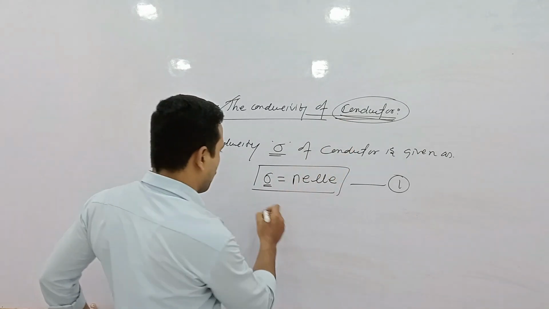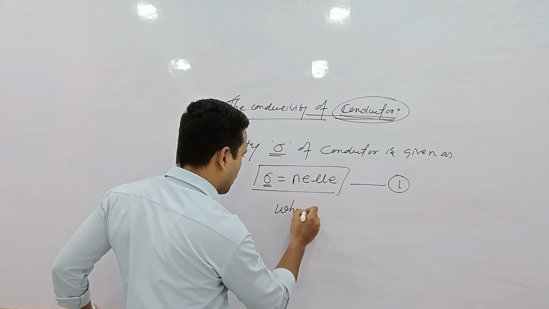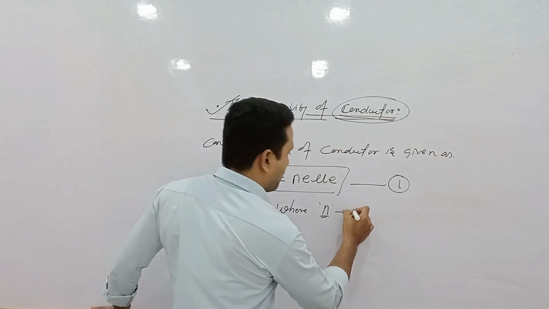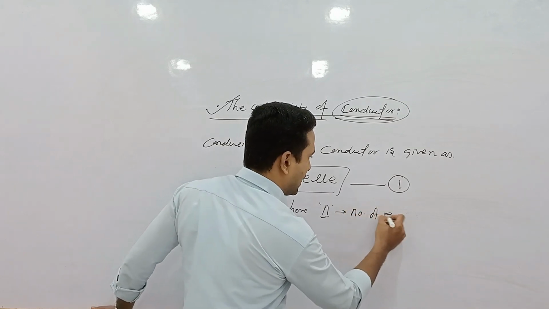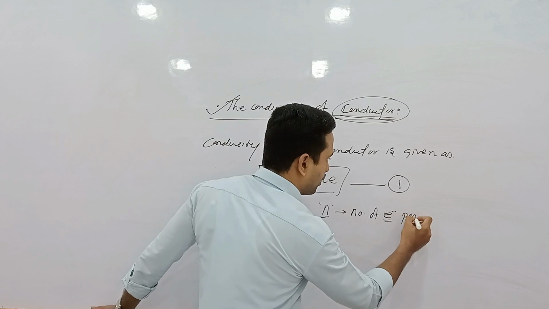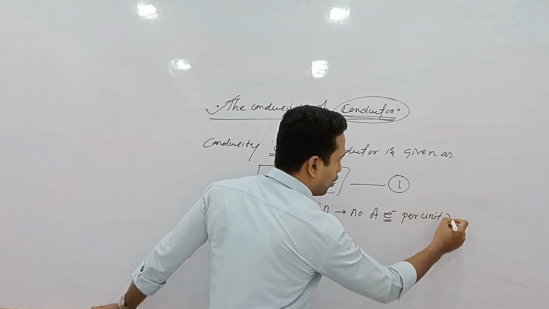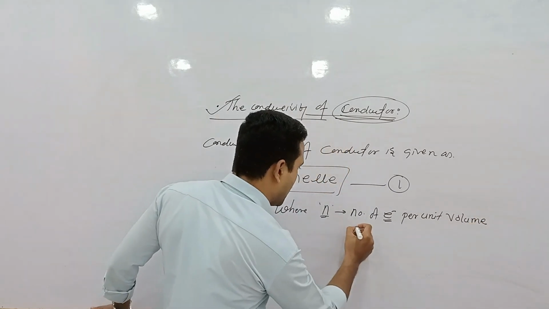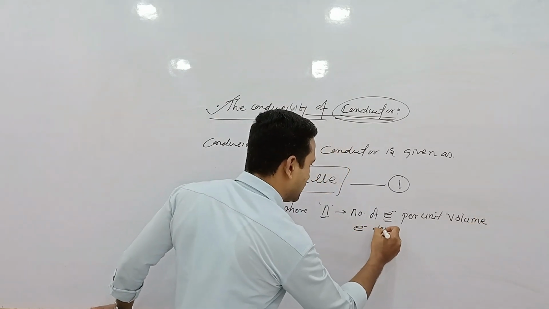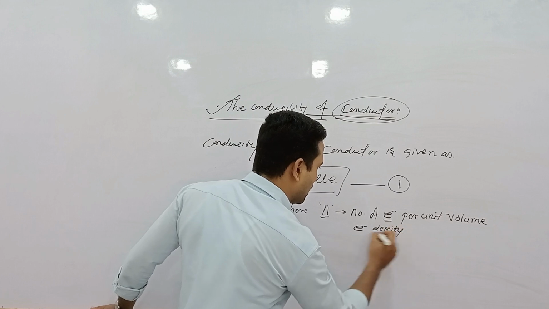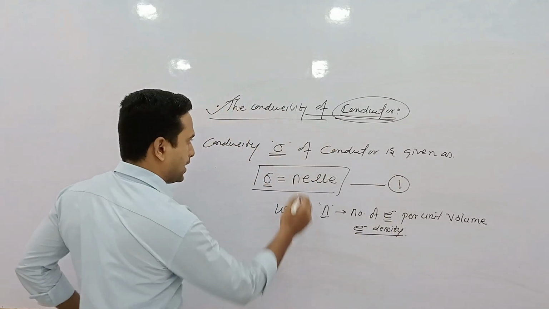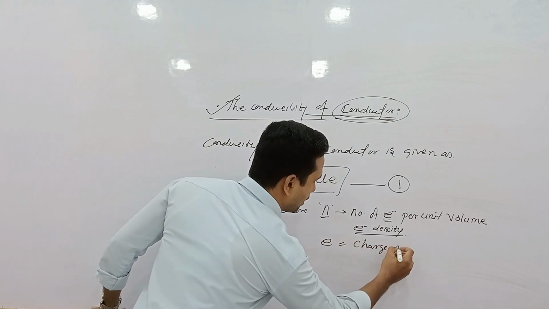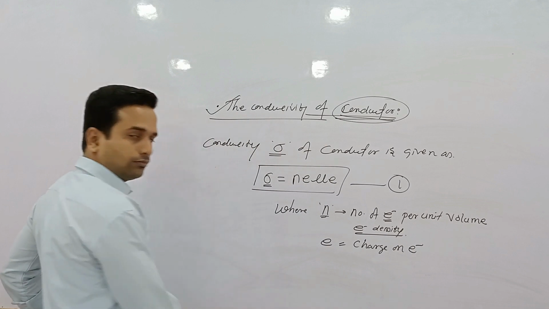Now see, what is n? Where n is the number of electrons per unit volume. बराबर? इसको हम लोग कहते हैं इलेक्ट्रॉन डेंसिटी. e, what is e? e is the charge on electron, right?